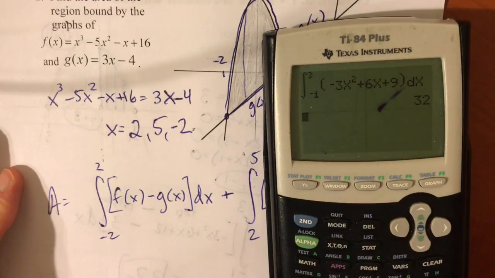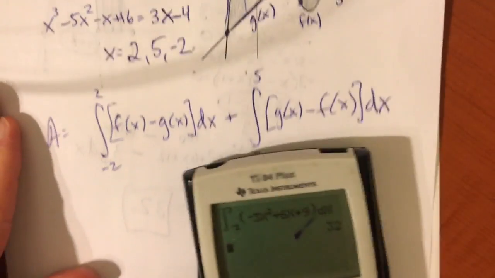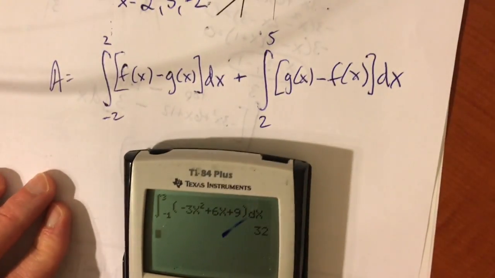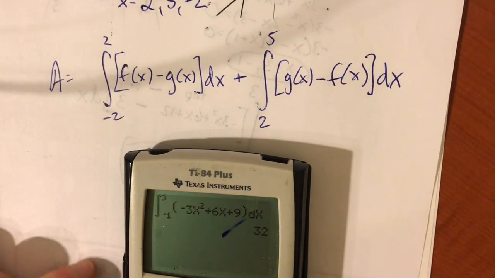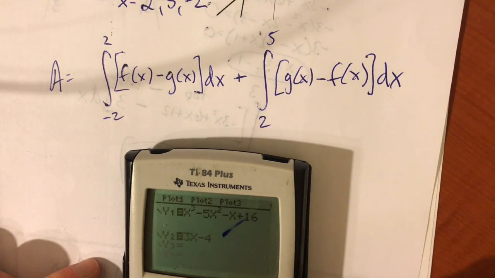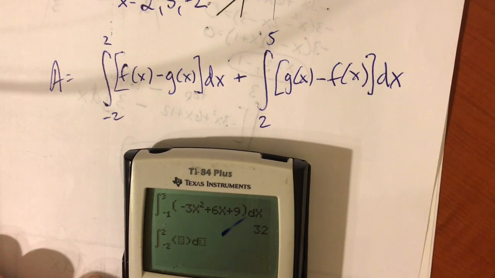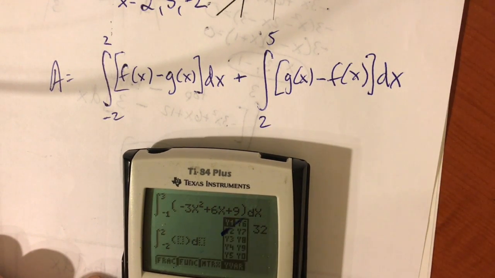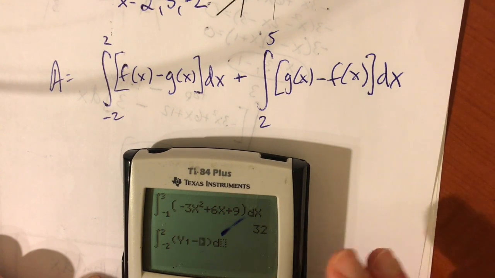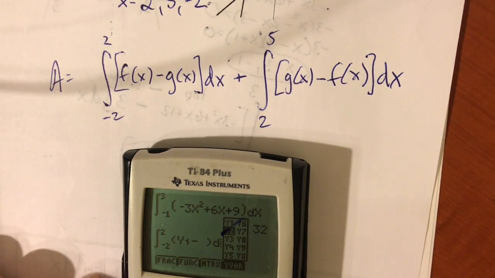So here we go. Now we can go all the way to the home screen, and I got them in y1 and y2. I believe f of x was in y1. Math 9, from negative 2 to 2 of y1, alpha trace, y1 minus y2, dx.